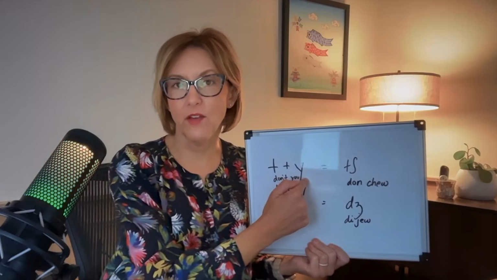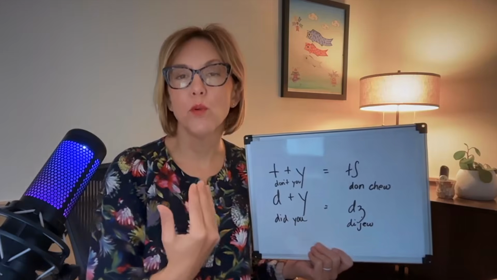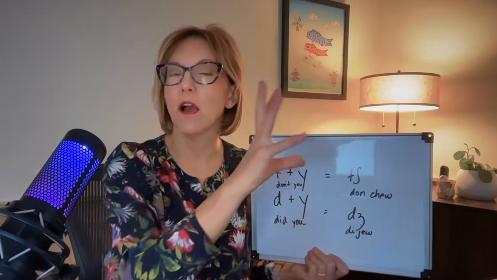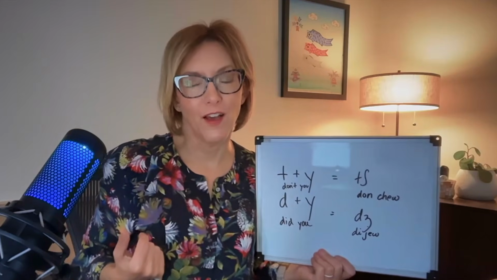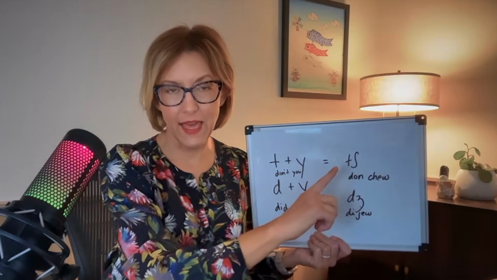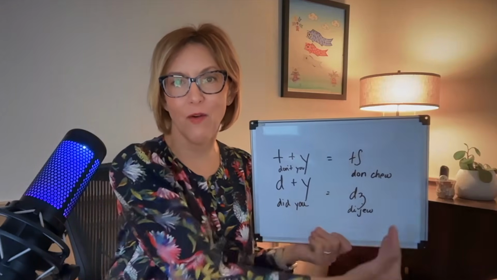The Y sound, yeah, that sound, the air moves out of the mouth. So our new sound is going to be a combination of these two manners, the stop and the continuant, and it is going to be now an affricate.